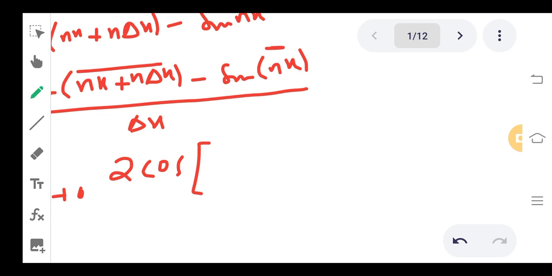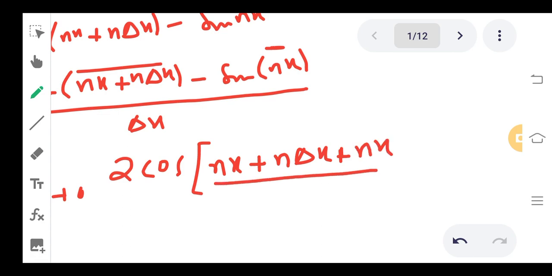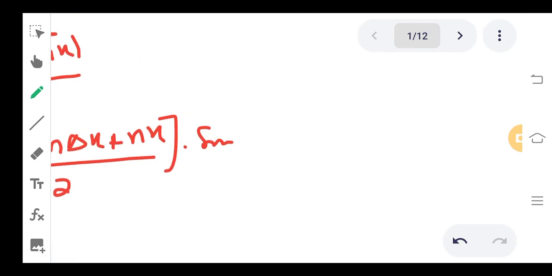So this will be the nx plus n delta x plus nx over 2, and here will be the sine.